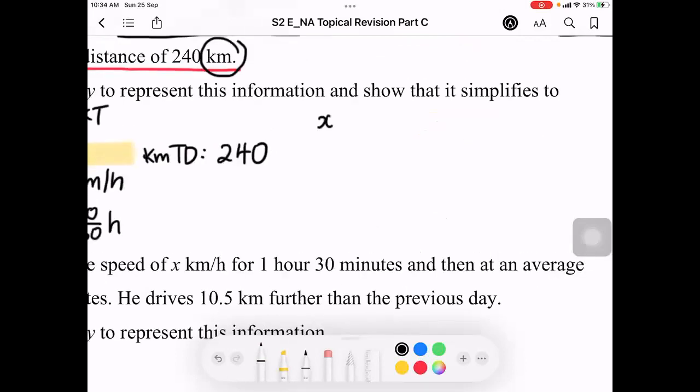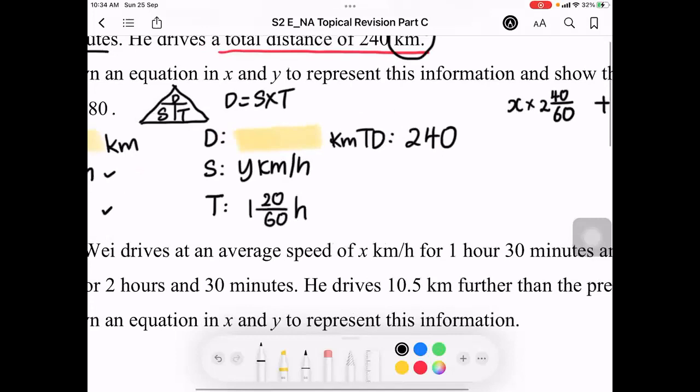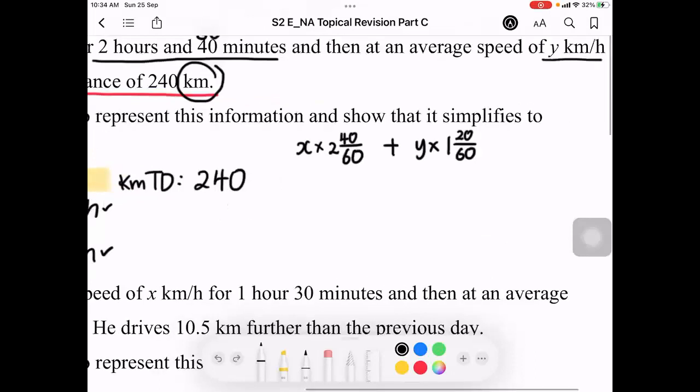So x multiplied by 2 and 40 over 60, plus the second distance, y multiplied by 1 and 20 over 60. The whole thing, they say total distance equals 240. First step, like that already 1 mark.